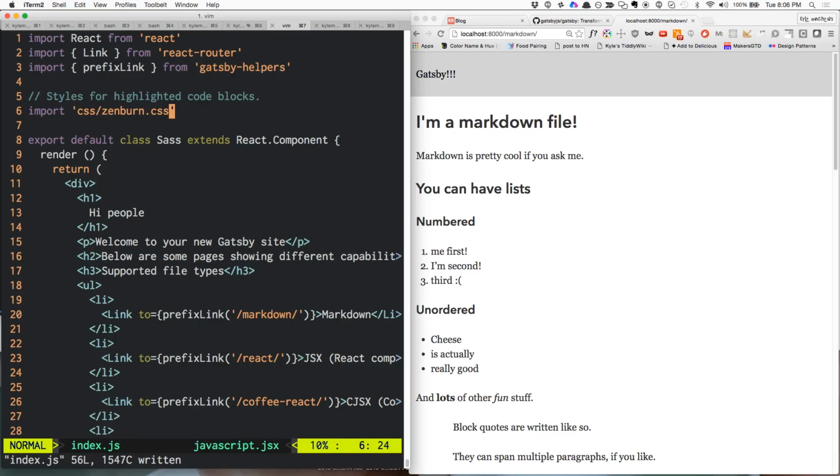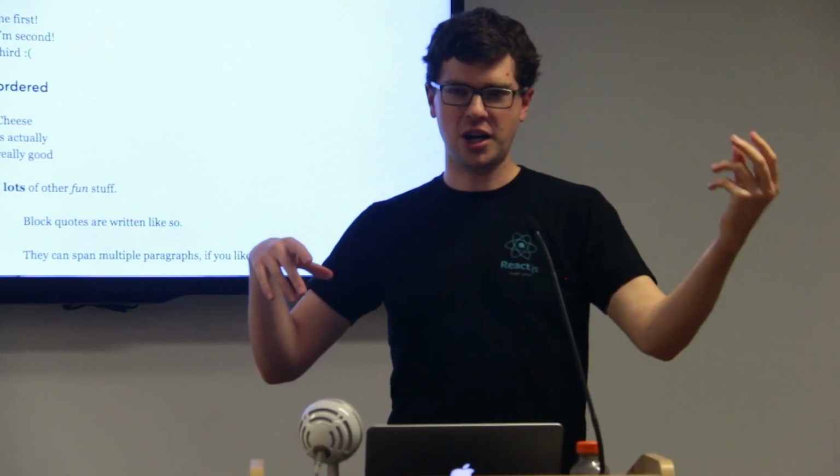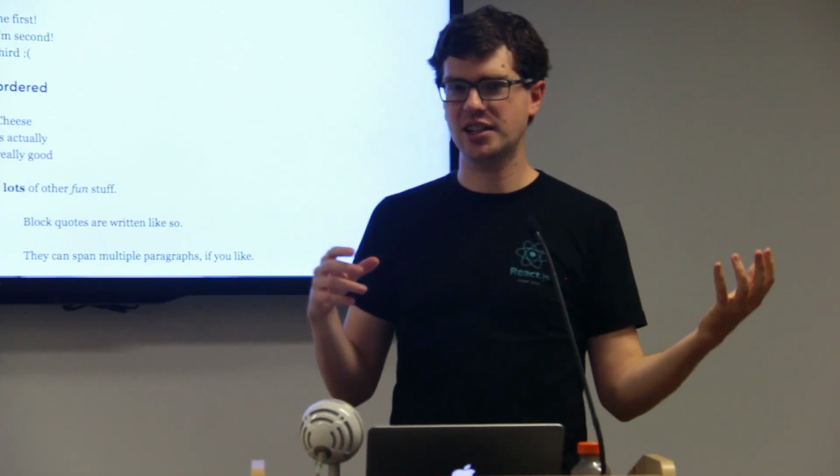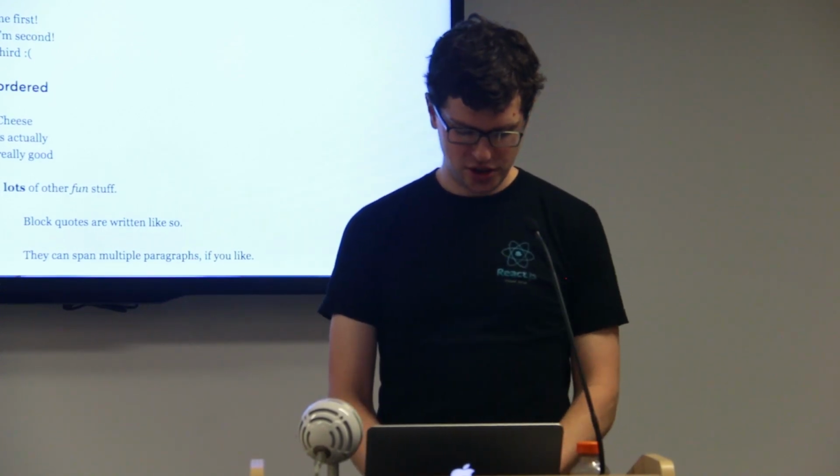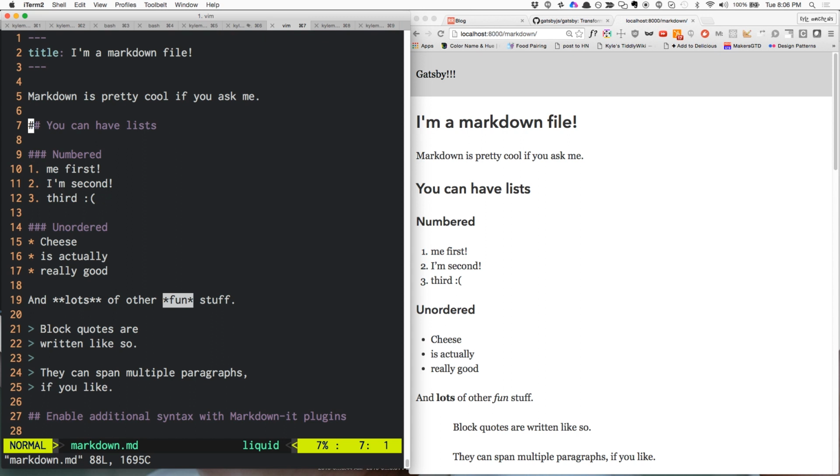So it might be helpful to go through how Gatsby takes a raw Markdown file, or really any kind of file, and runs it up into this final output. If we go to this Markdown, this is a very normal Markdown file with front matter and so forth. If any of you have built static sites, you've seen this 1,000 times.